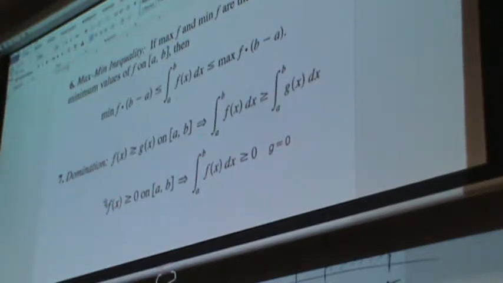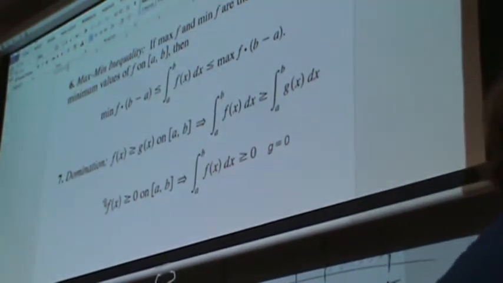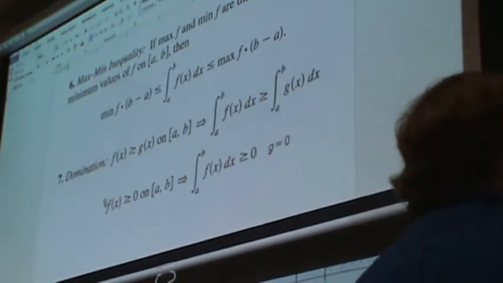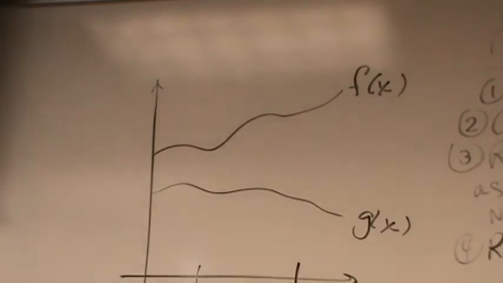Yes, Lauren. I think it's saying that if you have two graphs, f of x and g of x, and f of x is graphed higher than, or greater than, g of x, then the area below f of x would be greater than the area below g of x. Okay, so here's f of x and here's g of x. Let's say I'm taking the integral from a to b.